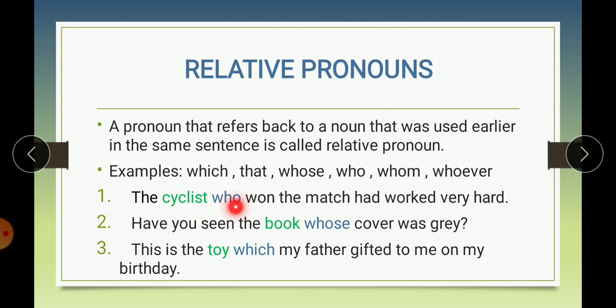We are referring to the cyclist by the word who. ये who word किसके लिए आया है? इस cyclist के लिए आया है. So who is a relative pronoun. The cyclist who won the match had worked very hard. Right? So who is a pronoun that is referring back to a noun, cyclist.